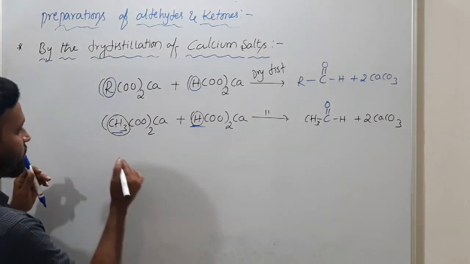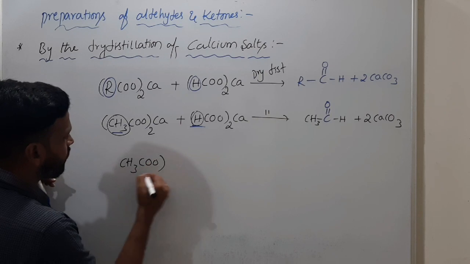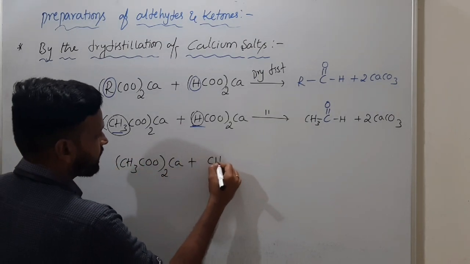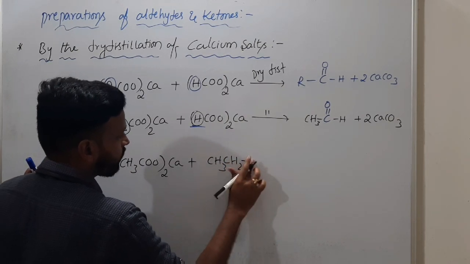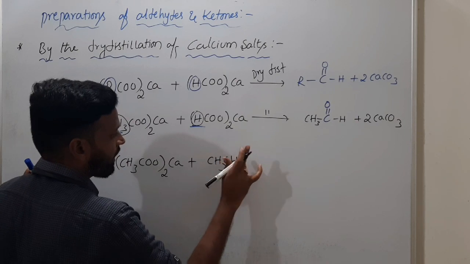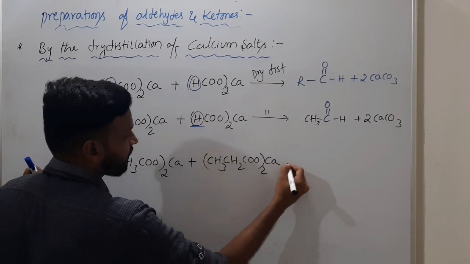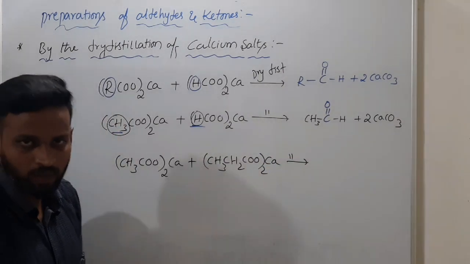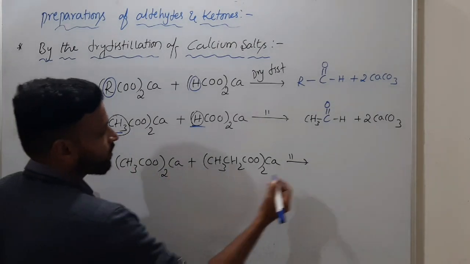Got it, clearly? Suppose you have this: (CH3COO) twice Ca plus (CH3CH2COO) twice Ca given. On dry distillation, what is the product? Okay, so what groups here you have? That's it, nothing more than that.